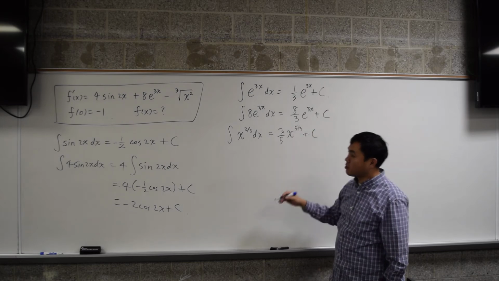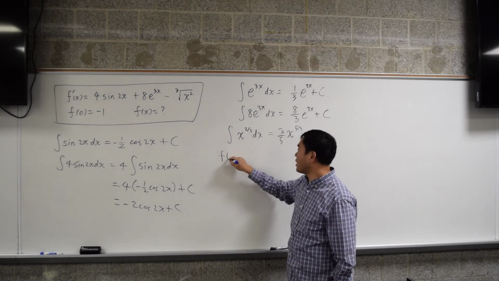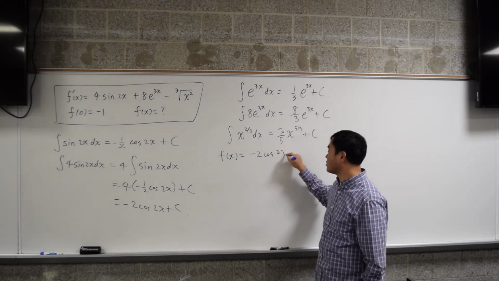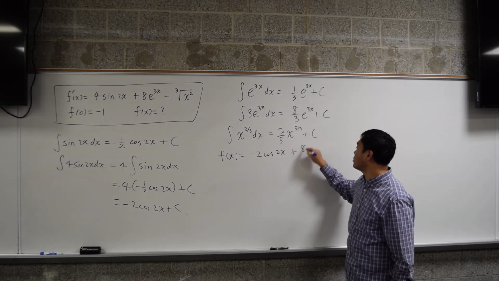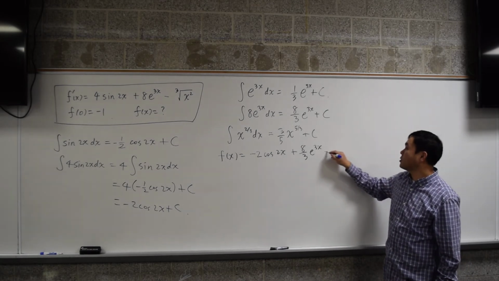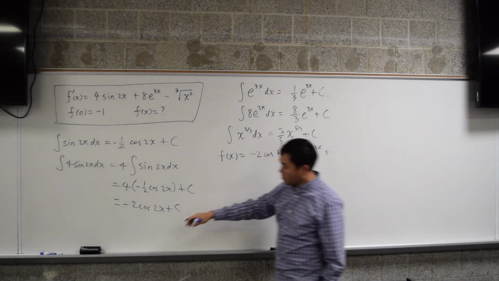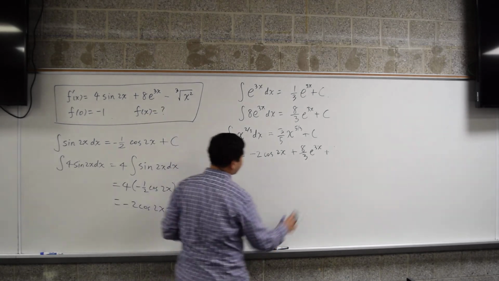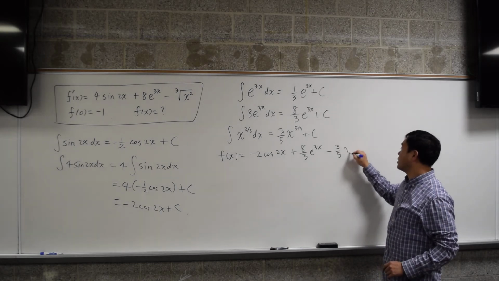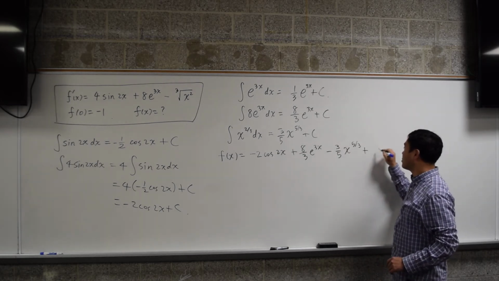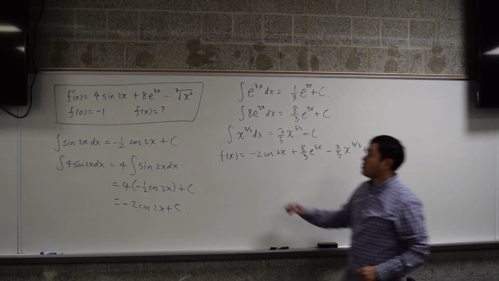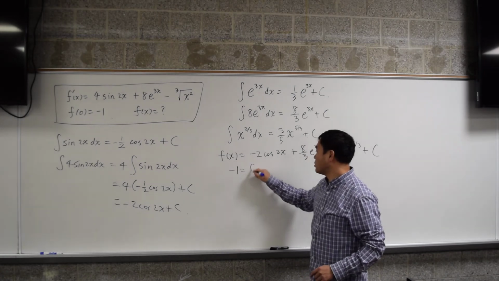And then putting everything together, here's the result. We see that f of x must be -2 cosine 2x plus 8 over 3 e to the 3x, and then actually there's a minus there, right? Careful, there's a minus there, so I should be putting minus 3 over 5 x to the 5 over 3 plus c. That's f of x. Then we have -1 should equal to f of 0.